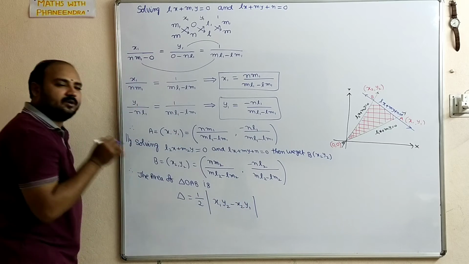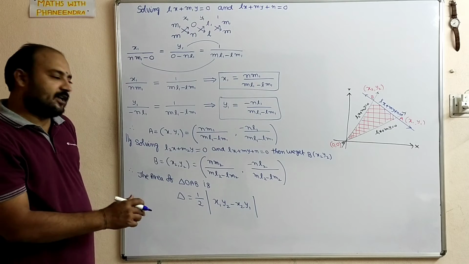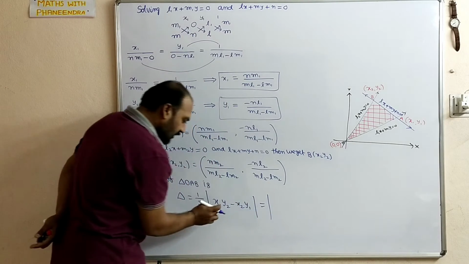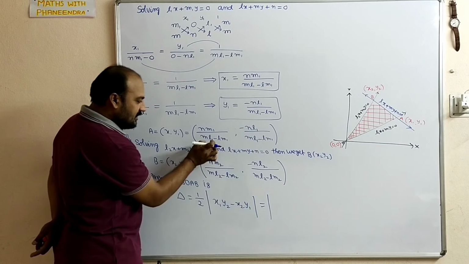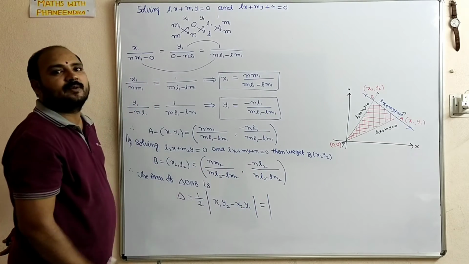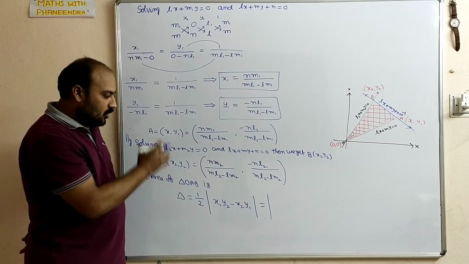You have to remember this x1 y2 minus x2 y1. Now in place of these, substitute the values x1 y1 and x2 y2. So step by step I will do that. I will rub the board, I will do it.